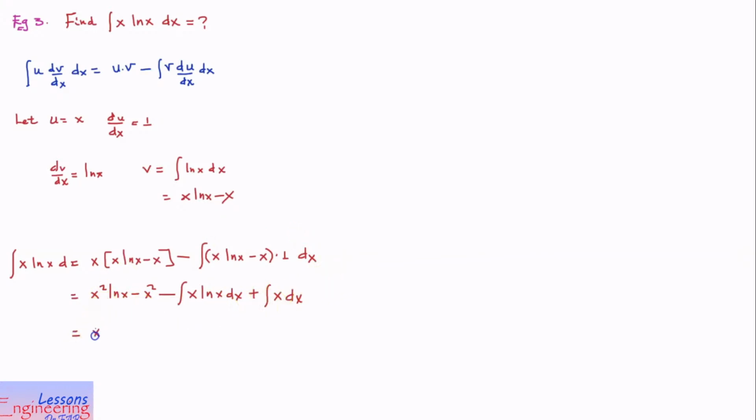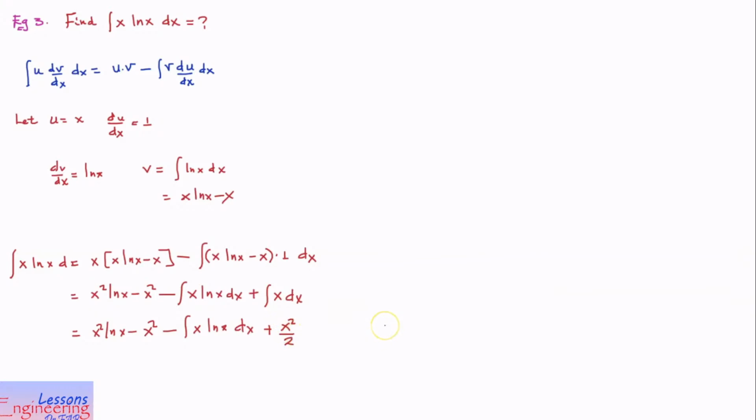Now this will be x squared ln x minus x squared minus the integral of x ln x dx plus the integral of x, which is x squared over 2 plus a constant.